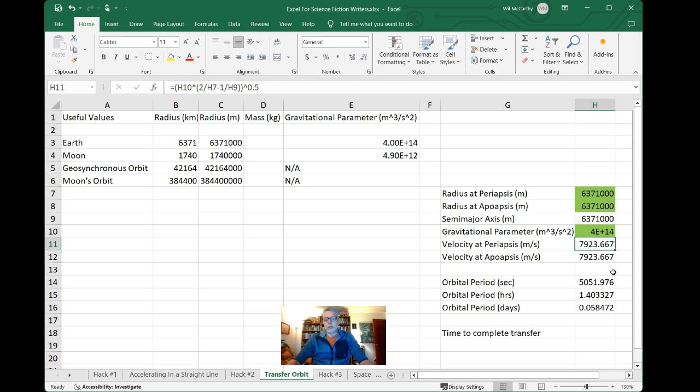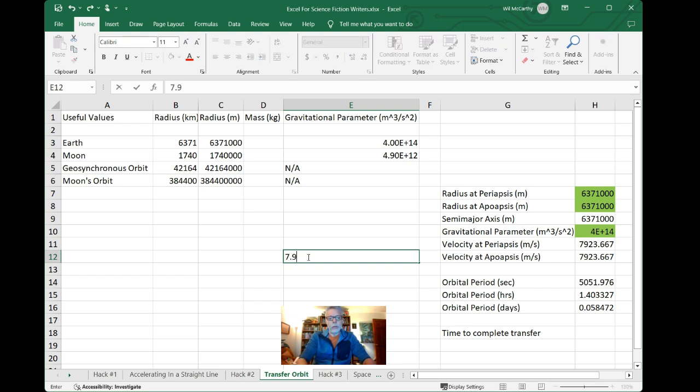It's the same velocity in both cases, which is 7.9 kilometers per second. So we'll plug that in. We'll just write it down here. We'll make a note. 7.9 kilometers per sec at Earth.